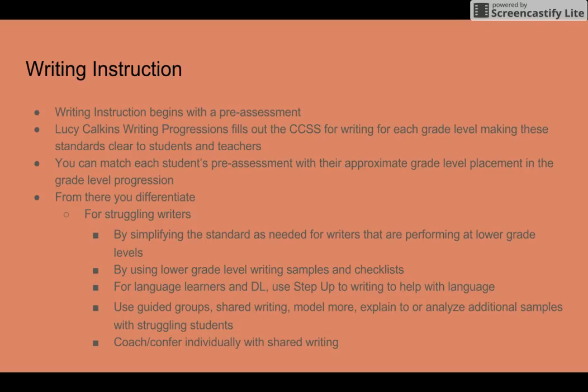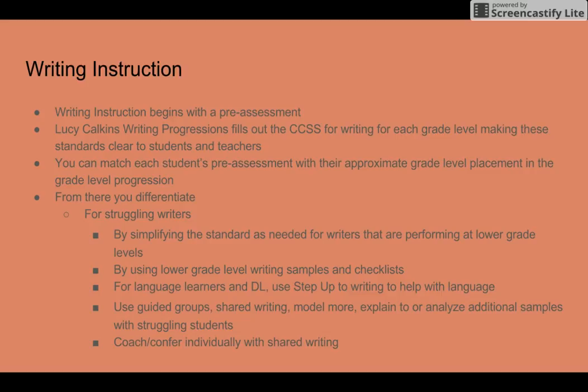By using lower grade level writing samples and checklists, the Lucy Calkins teaching methods mostly use checklists and exemplar texts. So those are also matched by grade level, so kids can see what the expected writing should look like for their target.